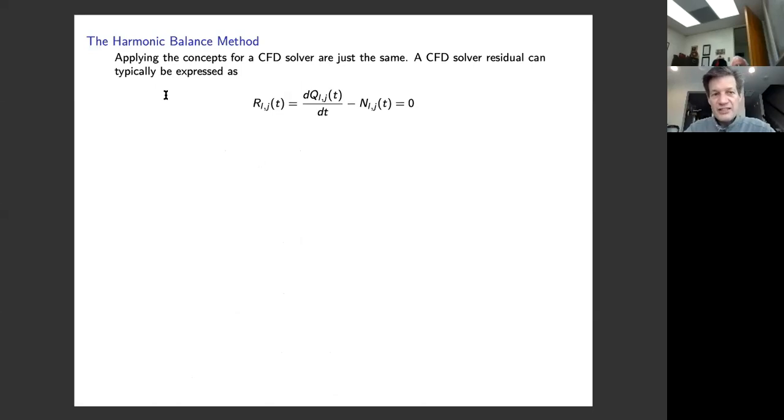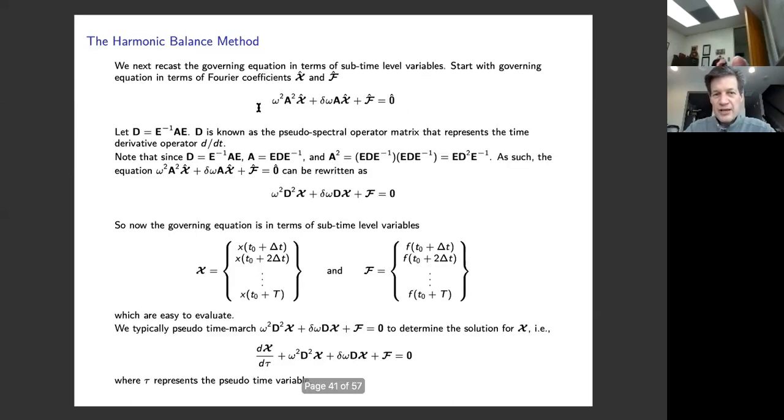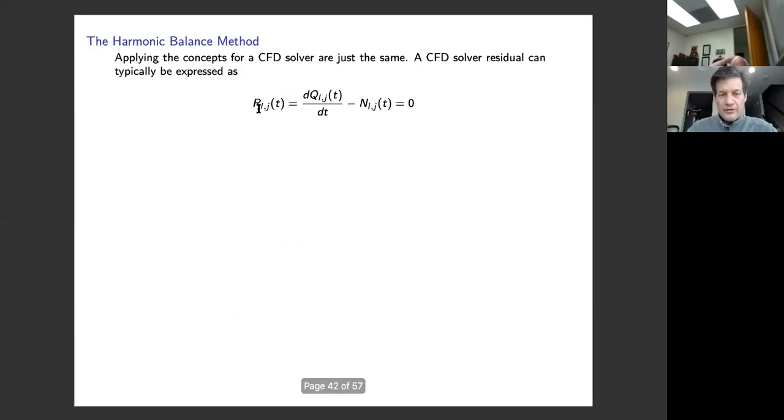So the concept is just the same for a CFD solver. With a CFD solver, the residual can typically be expressed in an equation that looks like the following. Here the L and the J subscripts represent the variable and the mesh point, because in a CFD solver you're solving for multiple variables, whether it be density, momentum components, energy, turbulence model quantity, and so forth.